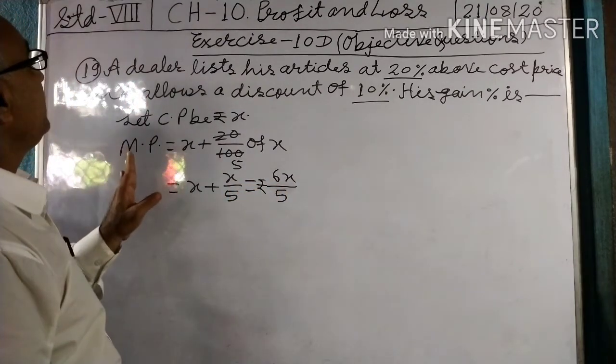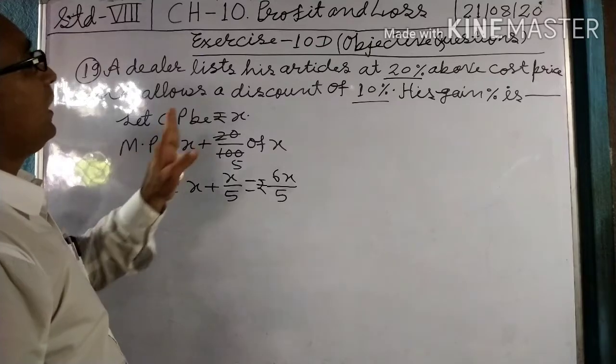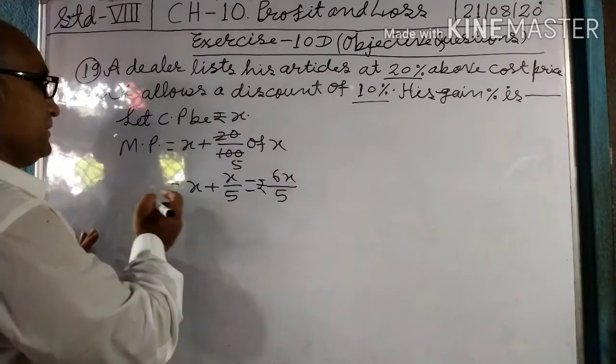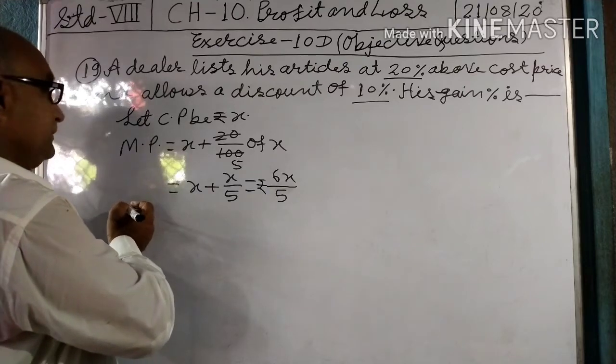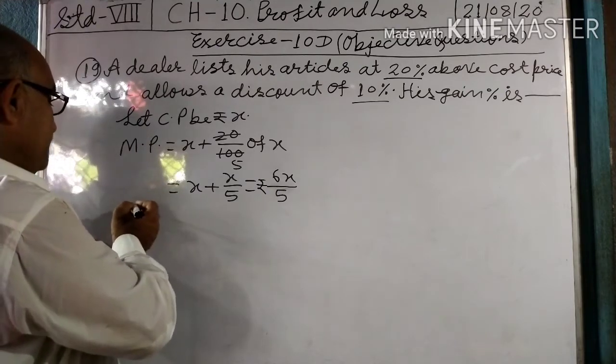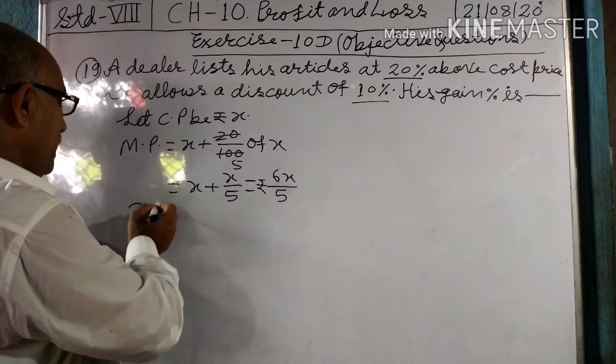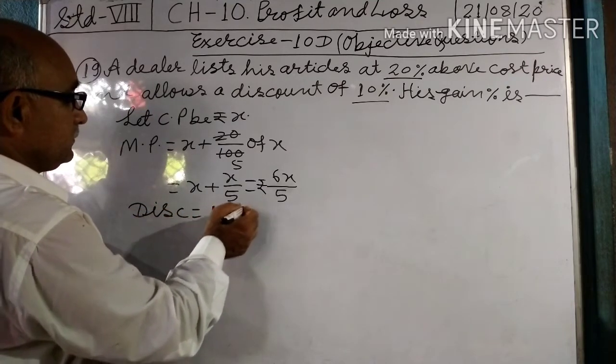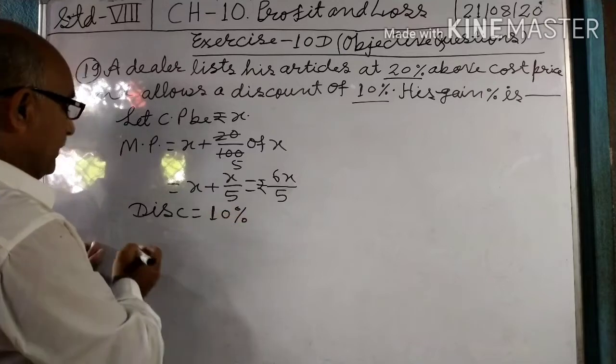Now he allows a discount of 10%. To find his gain, first find SP. Given discount is 10%.